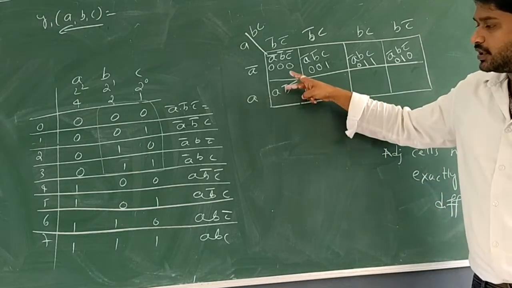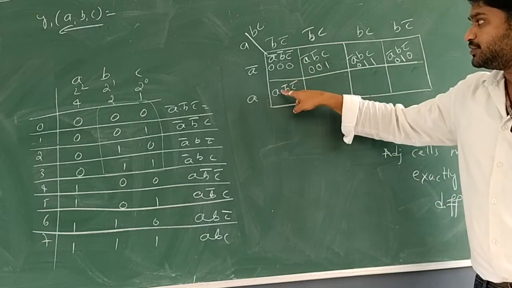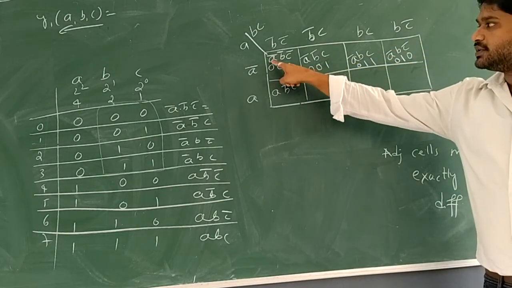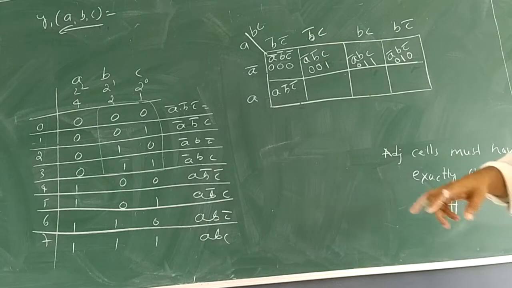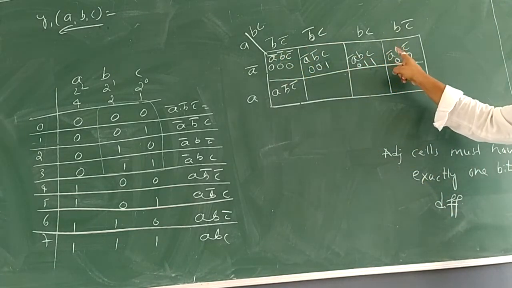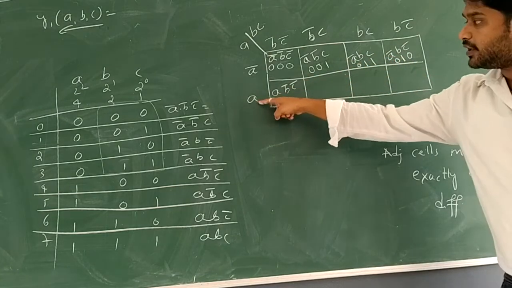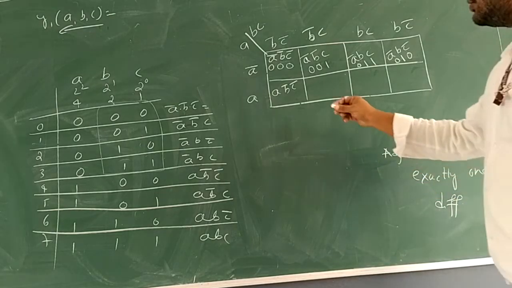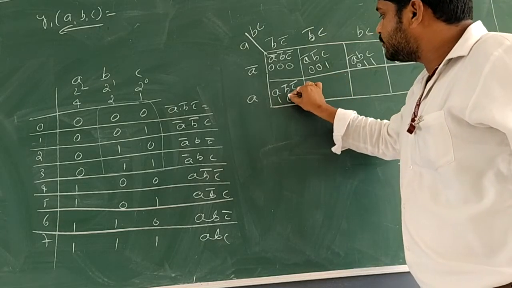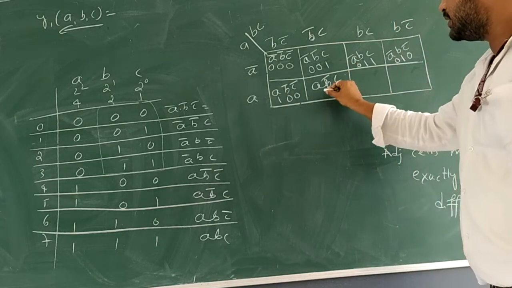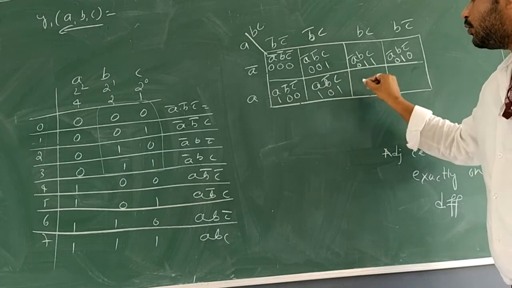Please make an observation. In all of the first row, A appears definitely in complemented format. See here, A complement, A complement, A complement, A complement. In the second row, A definitely appears in uncomplemented format. So 1, 0, 0. A with B complement, C. That is 1, 0, 1.